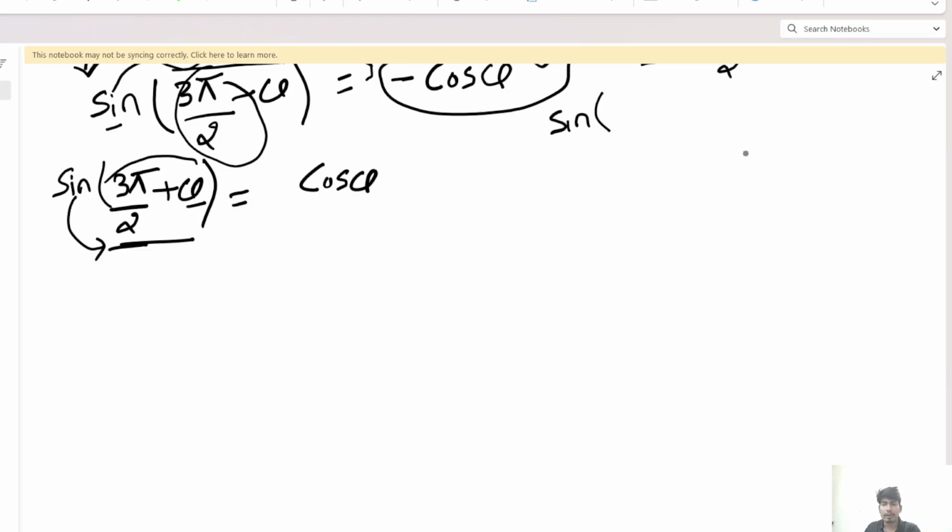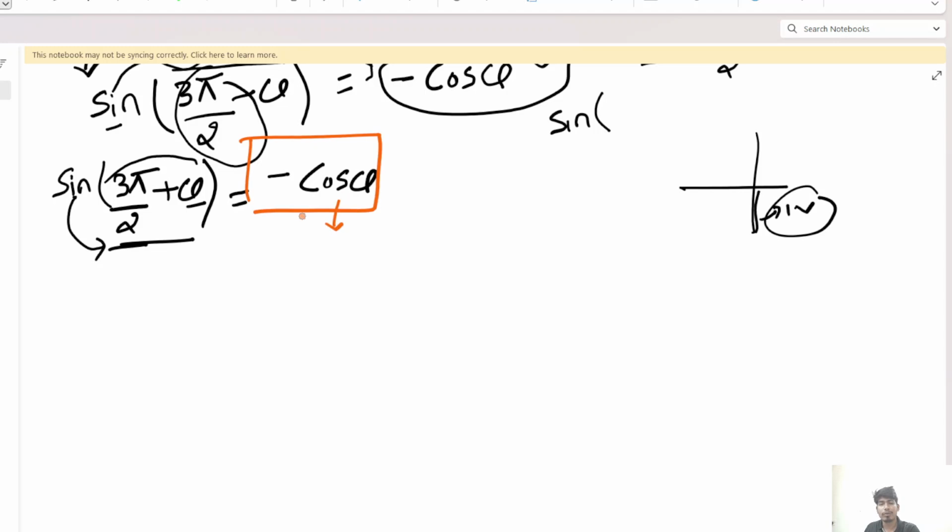This is our fourth quadrant, 3 pi by 2 plus theta means fourth quadrant. In the fourth quadrant the sine function is negative, this implies minus here. Notice that cos theta is positive, but still sine is negative, because we look at sine according to this function only. So the negative sign comes.